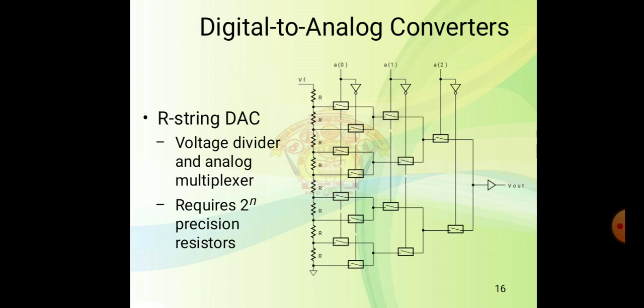There are various resistors, and depending upon how we apply the encoded data, if suppose there are three inputs and all are 0 0 0, then there will be the inverted output, that is, 0 0 0 is complemented and then the respective switches will be turned on.